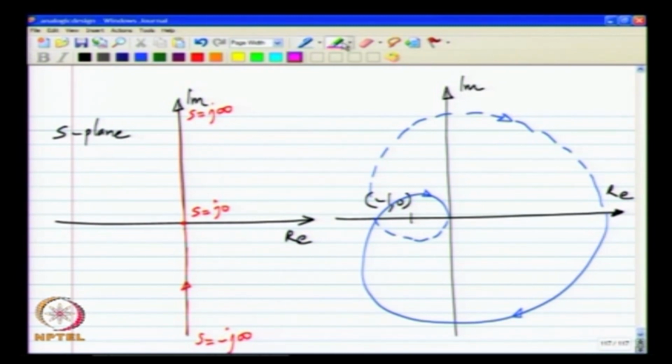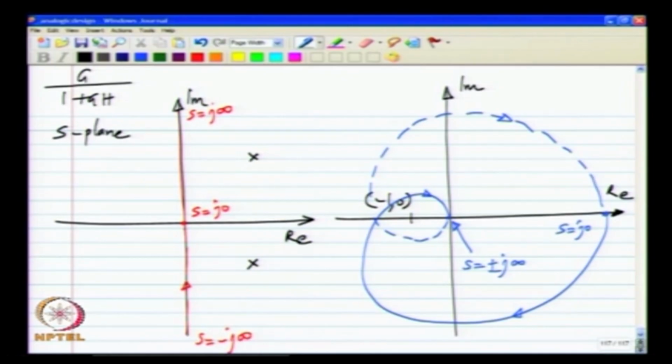Okay. So, now you can see that as you go from here, which corresponds to S equals j 0, to this, which is S equals plus minus j infinity, you have gone around this minus 1 0 point twice. So, what this means is that this function, in this case G by 1 plus G H, has 2 poles in the right half plane.